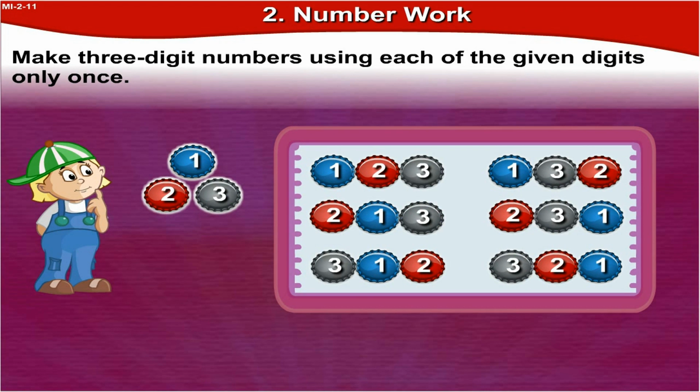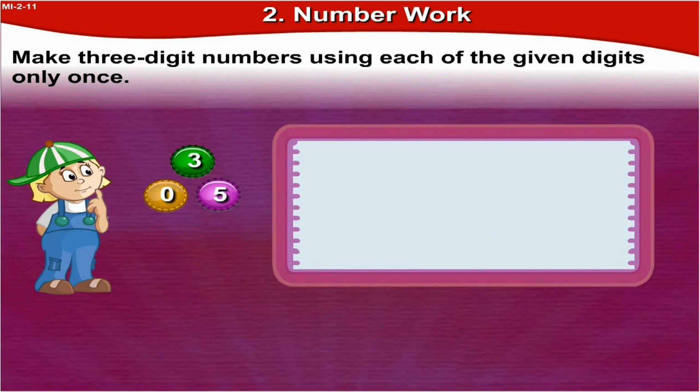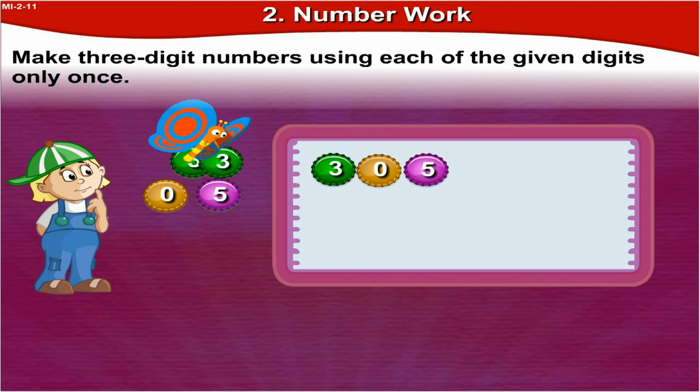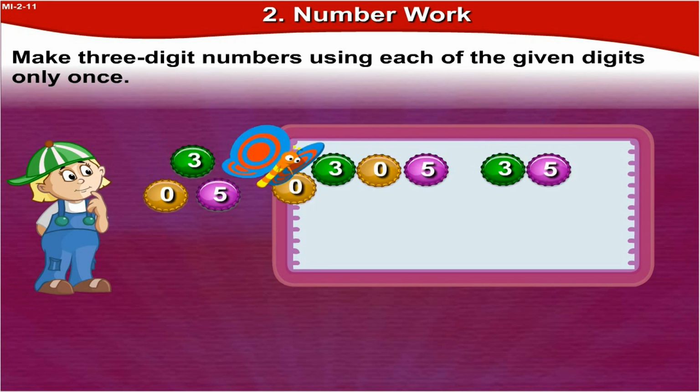Now here we have numbers 3, 0, 5. And we need to make 3-digit numbers using each of the given digit only once. We can make 305 and even 350. Can you guess some more?